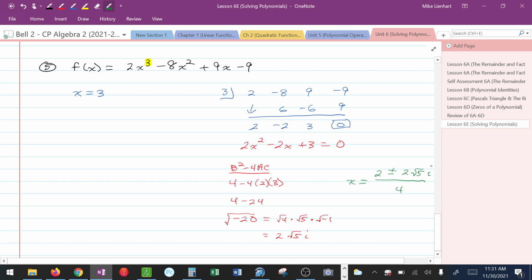Now notice how I've got a 2 and a 4. They can cancel. So I'm going to do that to show my final answer, and this would be 1 plus or minus 1 radical 5i over 2. And there's my 3 answers.